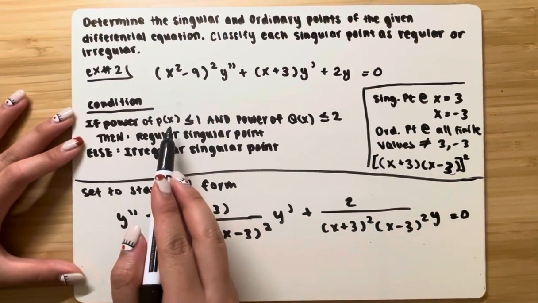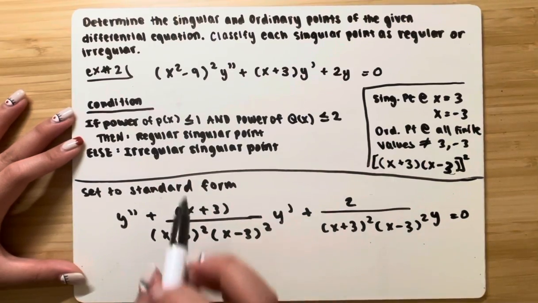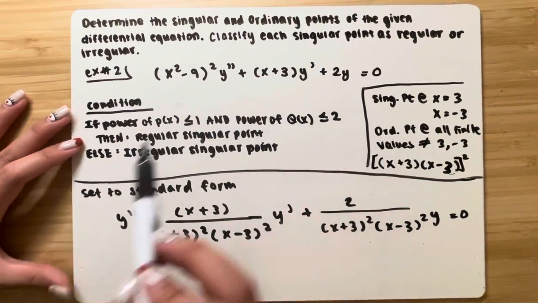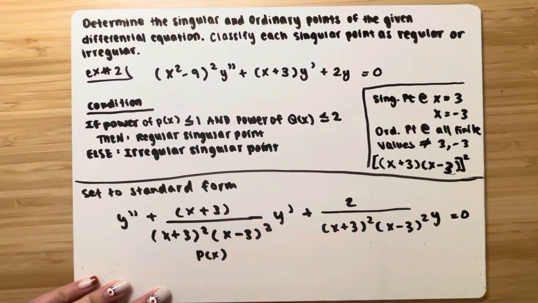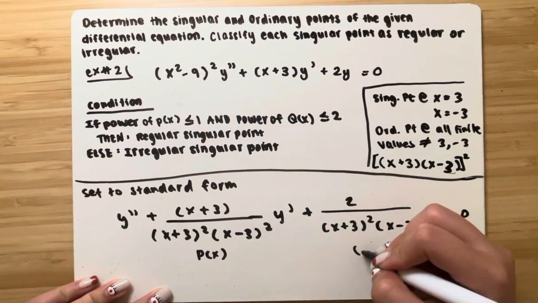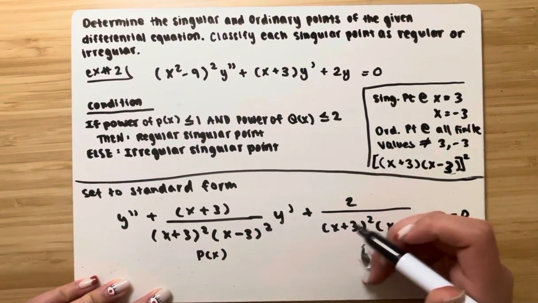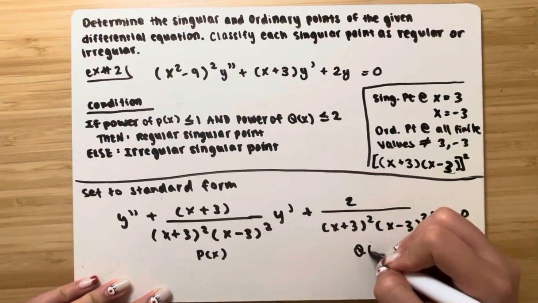So find your p of x and q of x. P of x will always be the y prime term, so this is p of x. Q of x will always be the y term, so this is q of x.